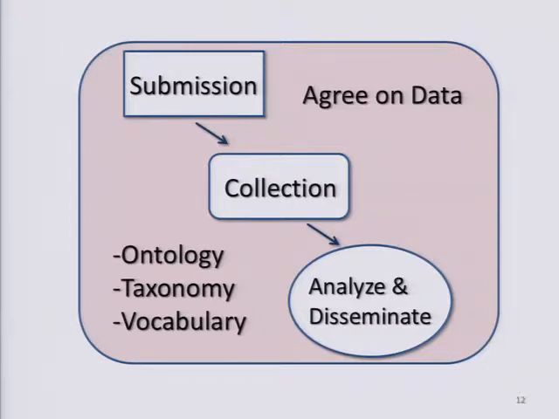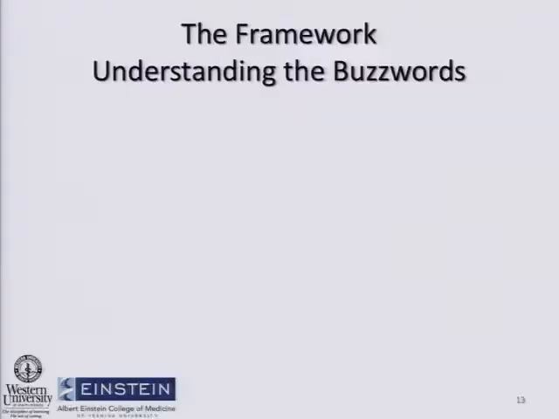The most important thing you need to do is to agree on the data. When you're agreeing on the data, we're not only talking about, well, 1 is the number 1, but rather what the components of the data are, both in terms of its data structure as well as the associated metadata.